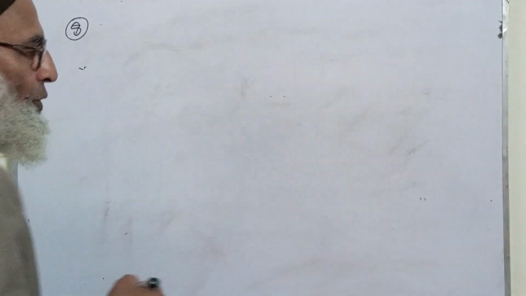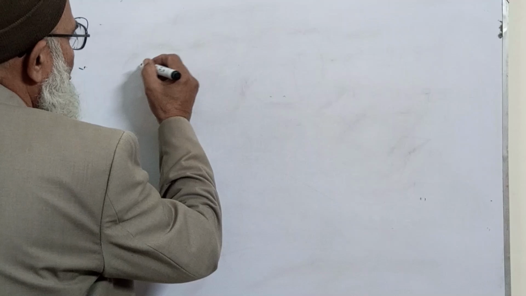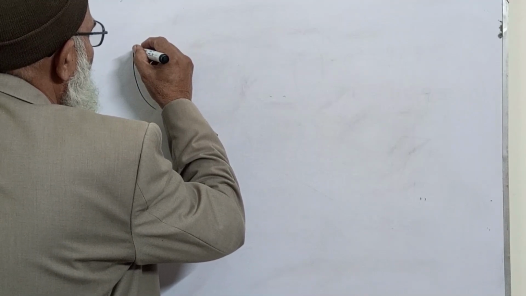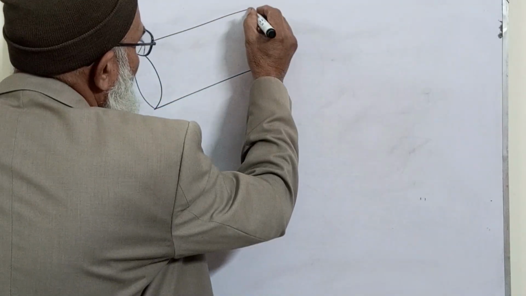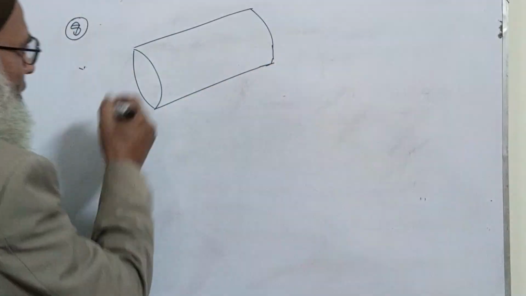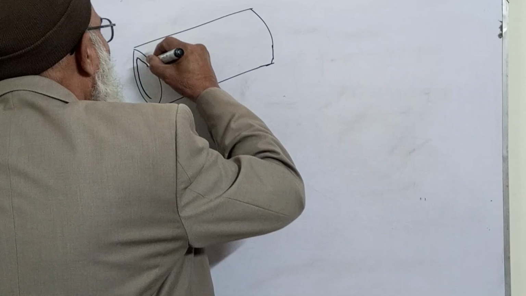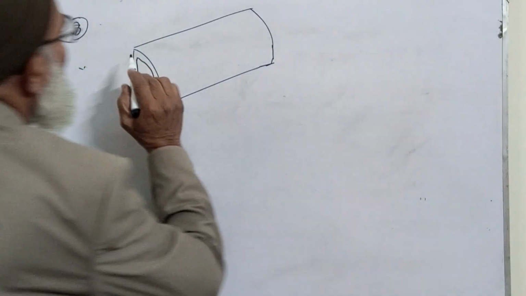Now, if we want to show the tube as per rules, we have to draw an isometric view. I have already told you about the isometric view.